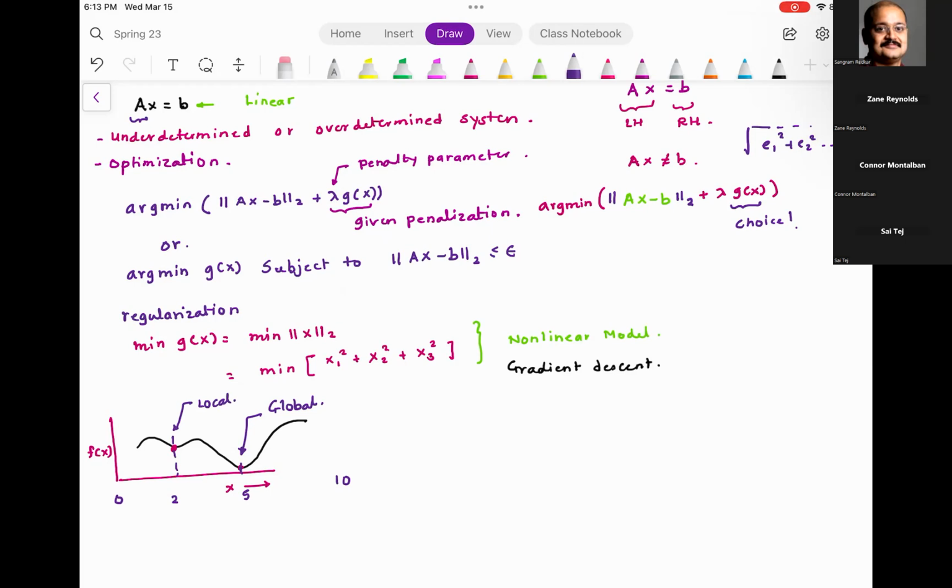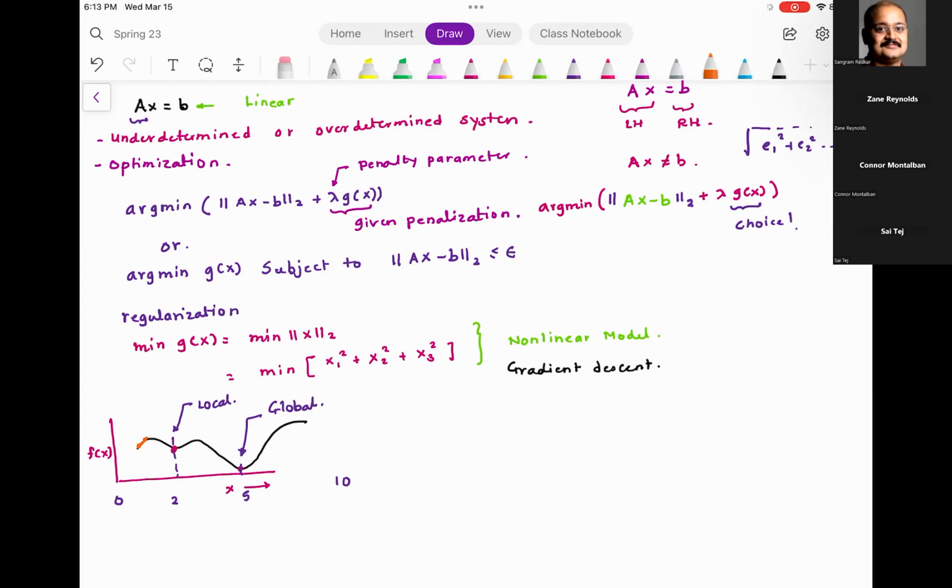So if this function is nonlinear, how do we approach this problem? Gradient is nothing but derivative, or the slope. So I'm going to find the slope over here. Clearly, the slope or gradient is increasing, which means if I were to go towards the right, clearly the function value is increasing.